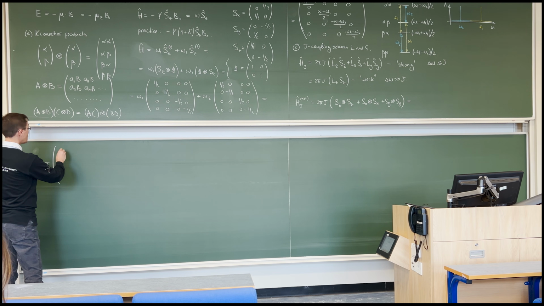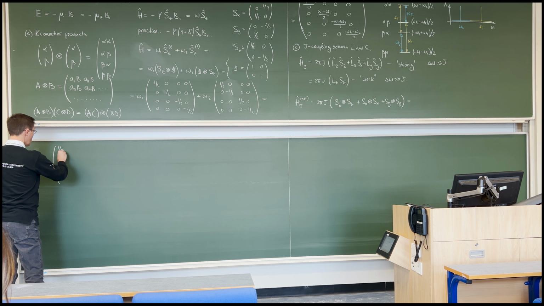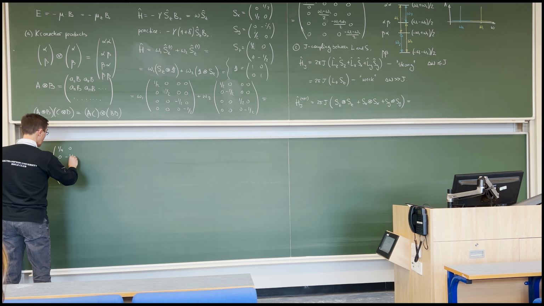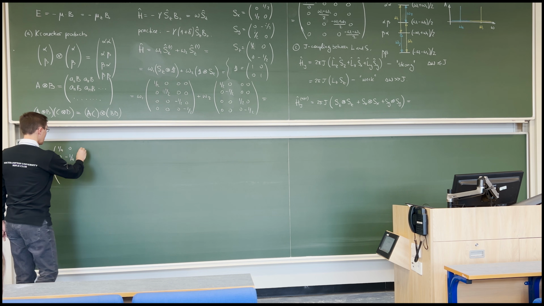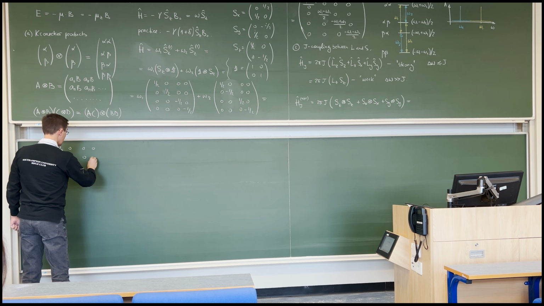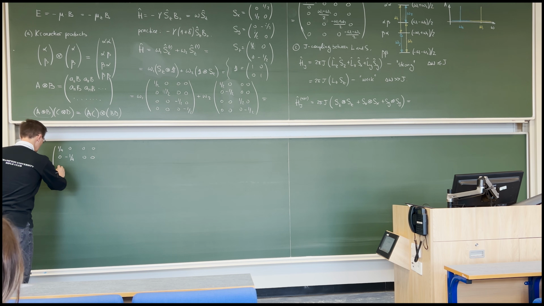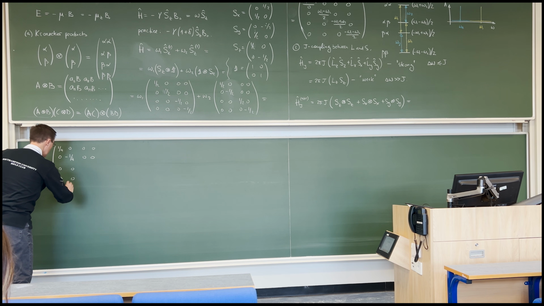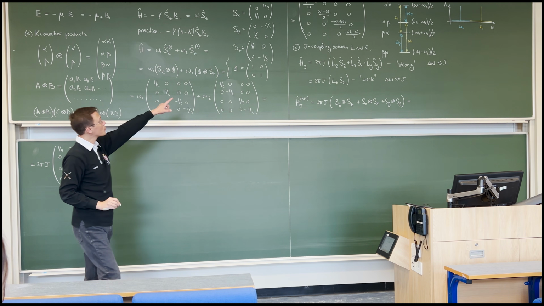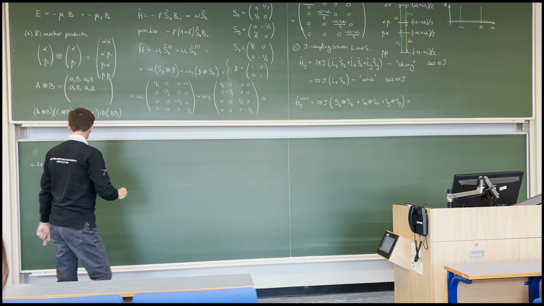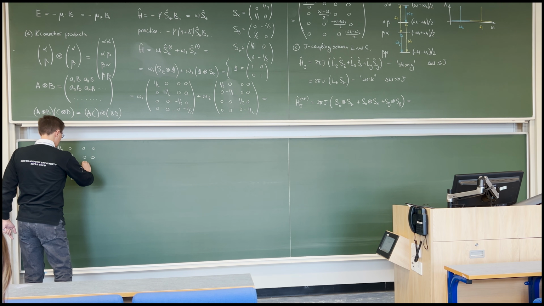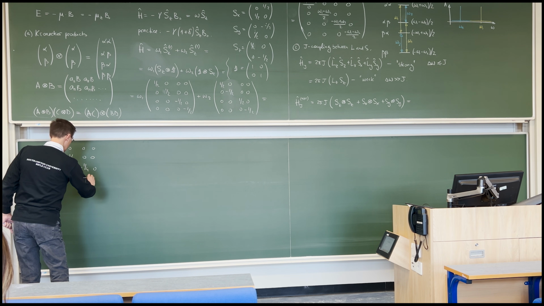So we are going to have 1 quarter, 0, 0, minus 1 quarter, then zeros, and then minus 1/2, multiplying the entire matrix again: minus 1 quarter, 0, 0, 1 quarter.